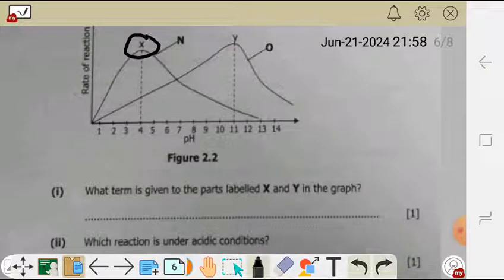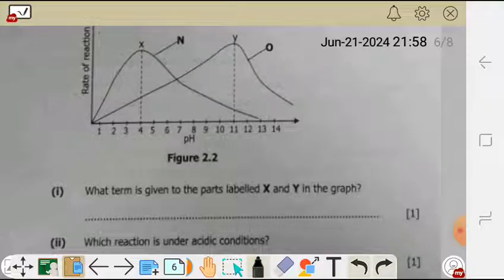So we have X and Y. When you look at those points, that is the highest point where the rate of reaction is highest. Here, that is the highest in reaction N, and there, that is the highest in reaction O. And there it is constant, and there it is constant. From there it will go down.